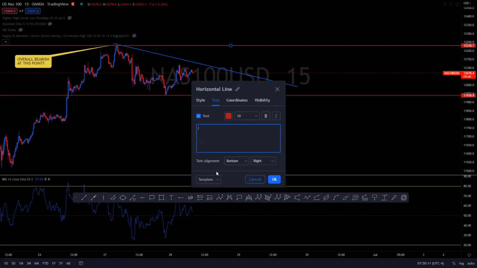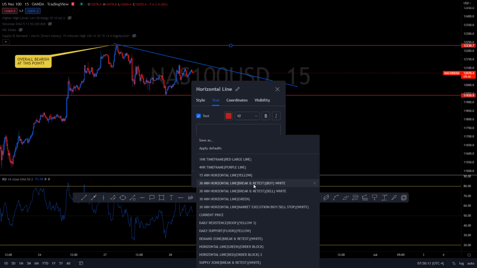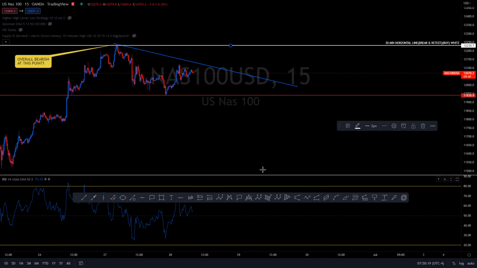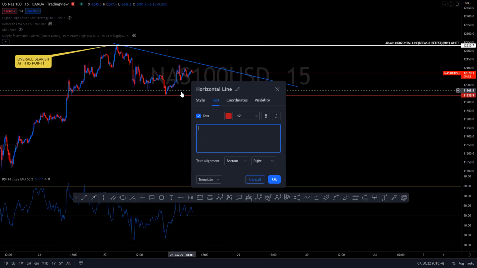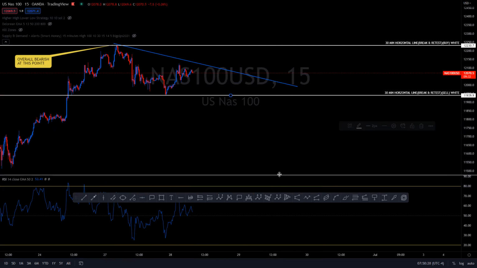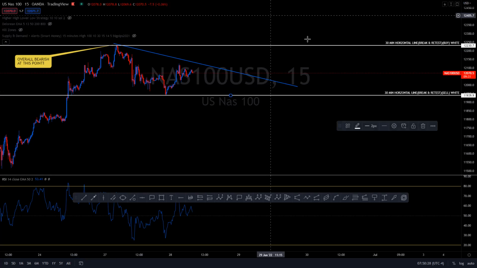These are going to be my break and retest points. If price breaks this high here, then I'm going to consider it bullish. If it breaks this low here, then it's definitely bearish. So these are going to be my break and retest lines.